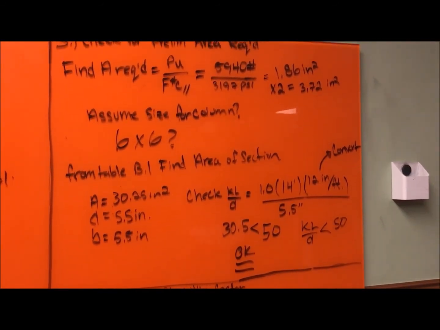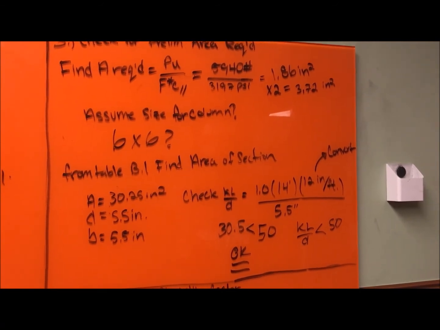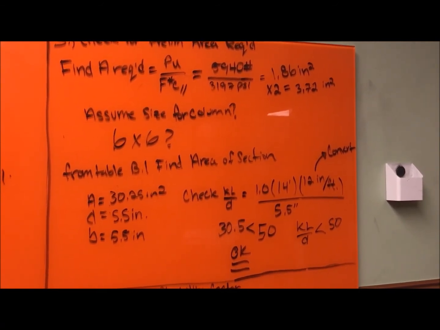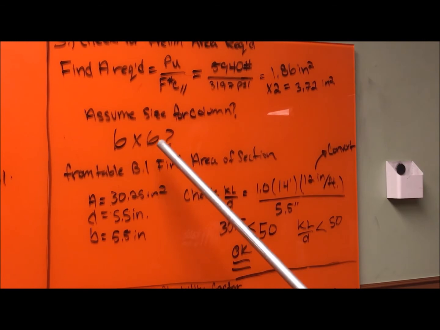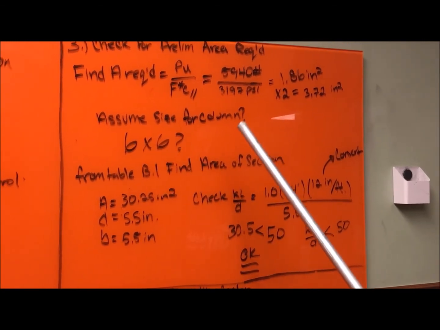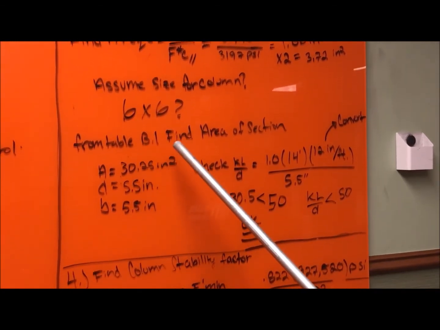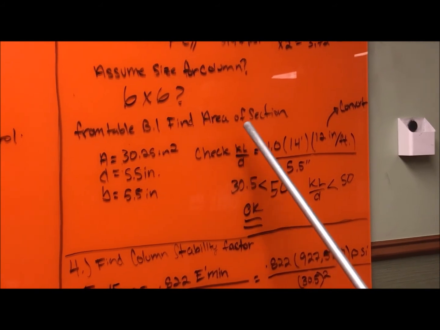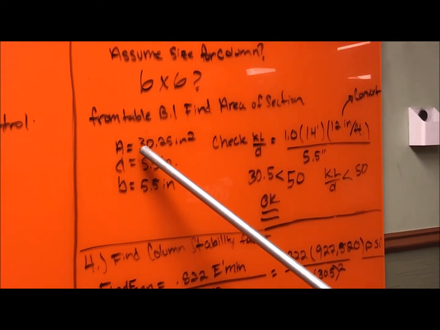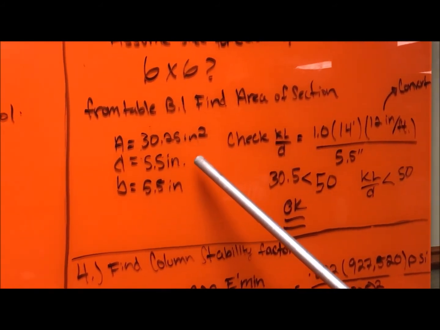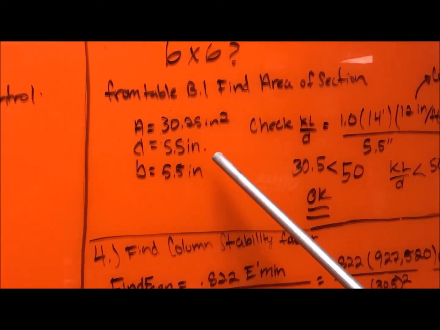So now, since we know that the column size 4x4 did not fit the qualifications, we went and assumed a bigger size, so we're going to assume a 6x6. From table B1, the area of a section for a 6x6 is 30.25 inches squared, and the dressed size is 5.5 by 5.5.